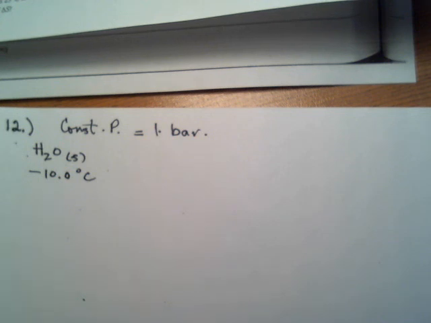So we want to break this up into, what do you think are these processes? It's constant pressure, so it's constant pressure what? Constant pressure heating. Okay. You don't want to enter into a situation where your heat capacity of the material is changing.